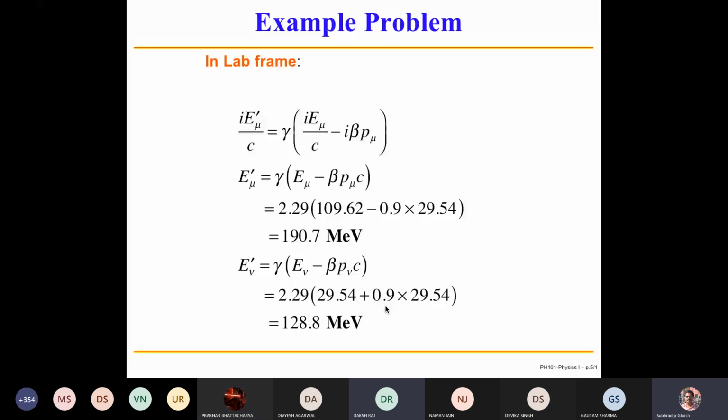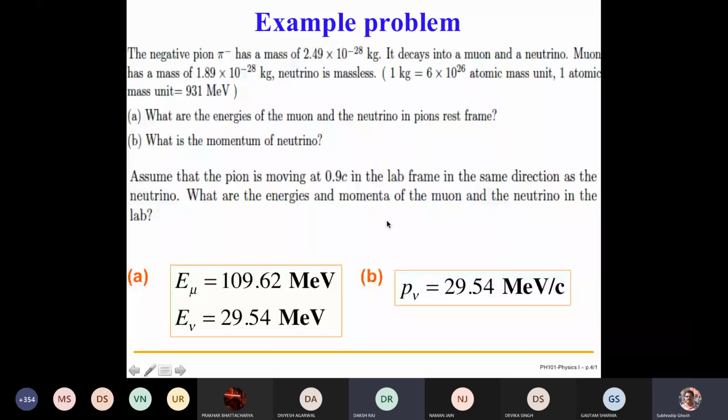So their motions are opposite to one another. If the neutrino sees that the pion is moving towards it, then the muon will see that the pion is moving away from it. So basically, what was asked is that the pion is moving with 0.9c in the laboratory frame in the same direction as the neutrino.